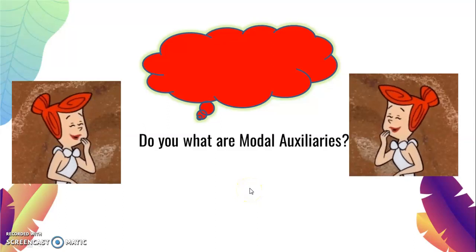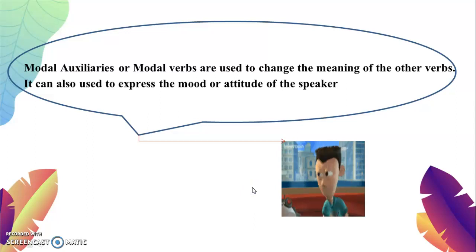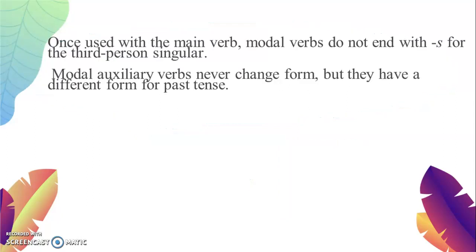Do you know what modal auxiliaries are? Modal auxiliaries, or modal verbs, are used to change the meaning of other verbs. They can also express the mood or attitude of the speaker. When we use them with the main verb, modal verbs do not end with S for the third person singular.